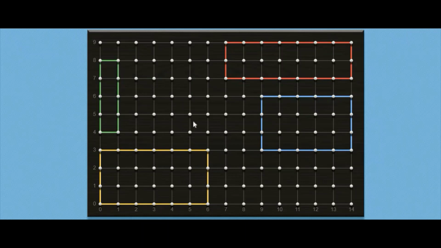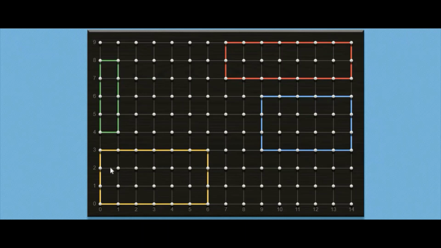Note that one of these small squares is what we call a unit square, right? So the idea is to see how many unit squares can fit inside each of these shapes. So one way to determine the area of each rectangle is by counting the squares, right?